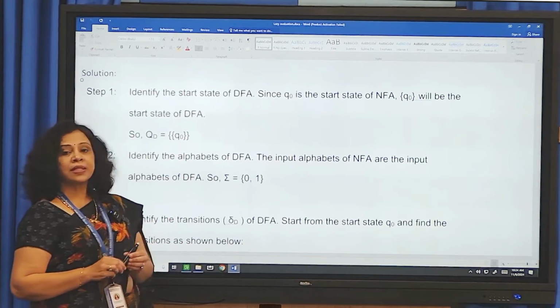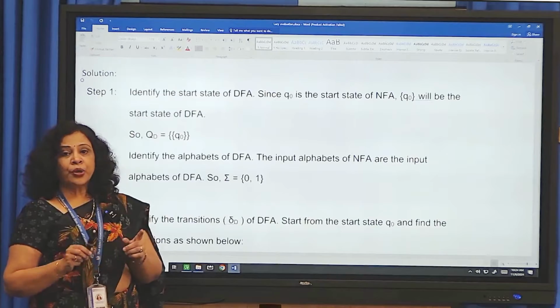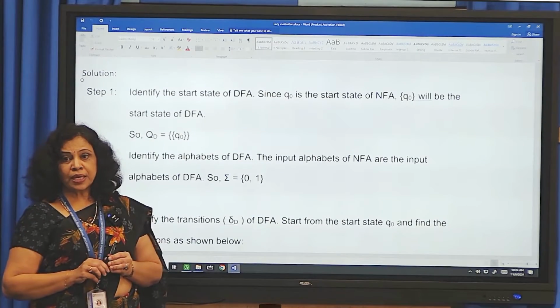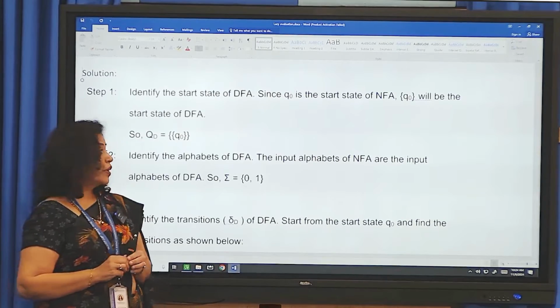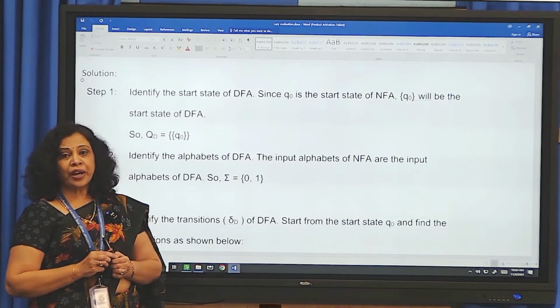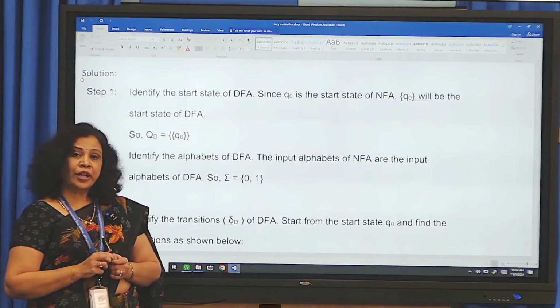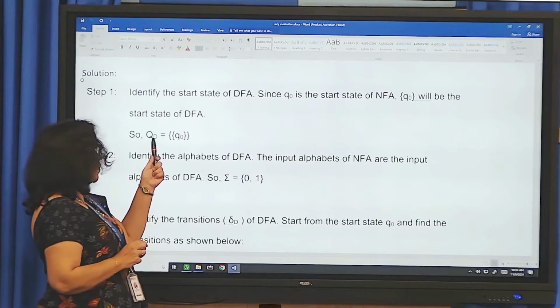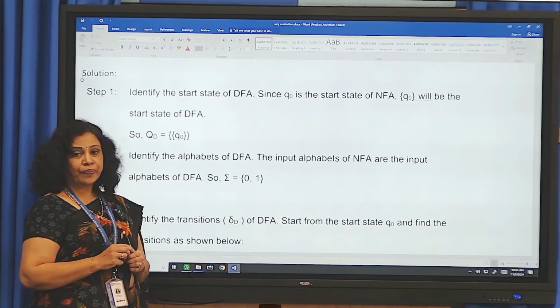Since Q0 is the start state of NFA, Q0 within the set notation will be the start state of the DFA. And every time we find a new state, we are going to add it to QD. QD will be the states of the DFA. So QD equals {Q0}.